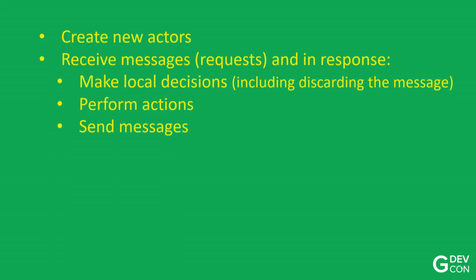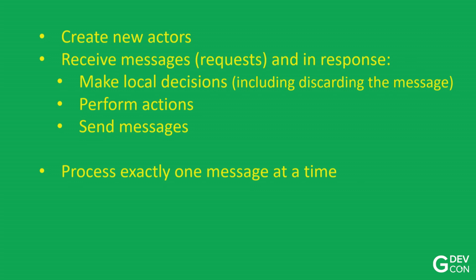They should be able to receive message requests, and in response, they can choose to make a local decision, and that decision can include to just ignore the message completely. They perform actions and they send messages. They process exactly one message at a time.